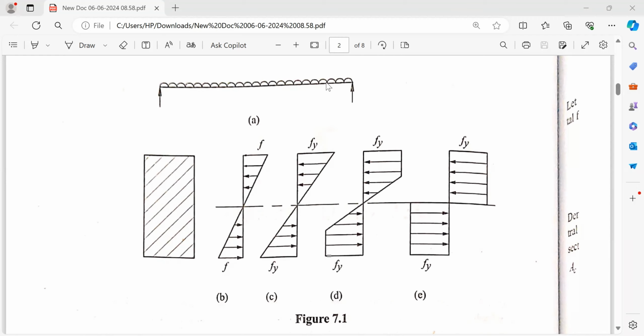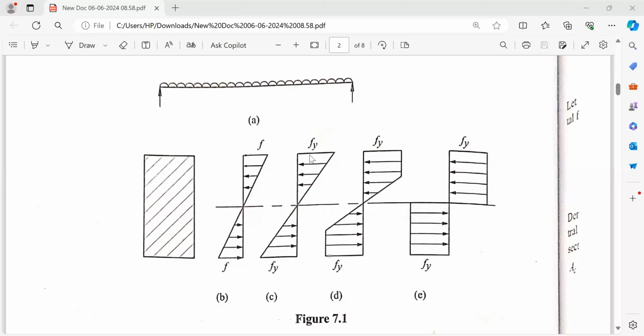If it is subjected to some loading, the stress in the extreme fibers will be more here, the extreme fibers in tension and compression. At the top it is compression, at the bottom it is tension. Suppose we further increase the load, the stress reaches Fy in the extreme fibers, in compression and at the bottom in tension also.